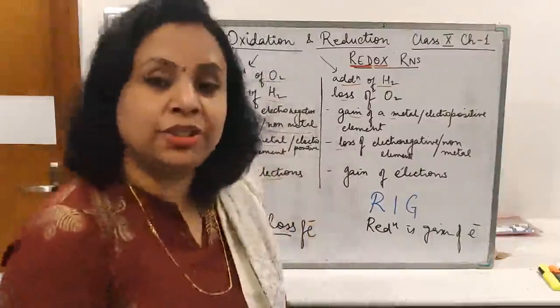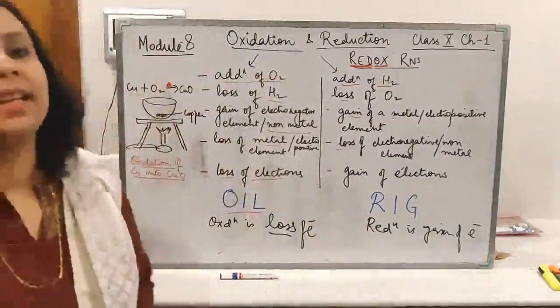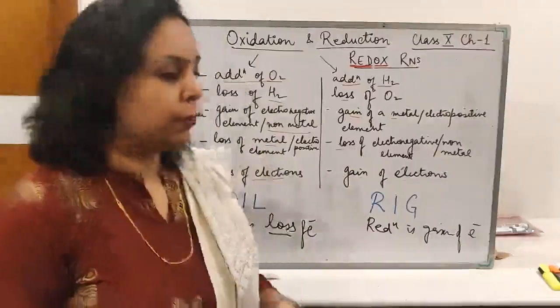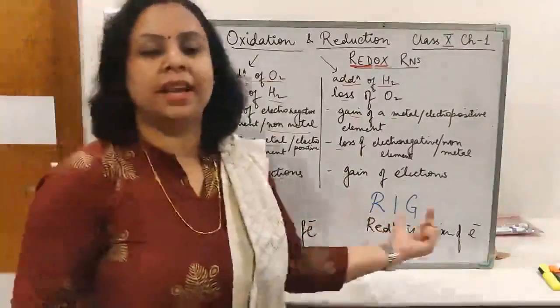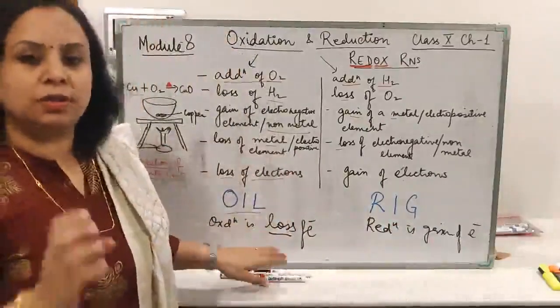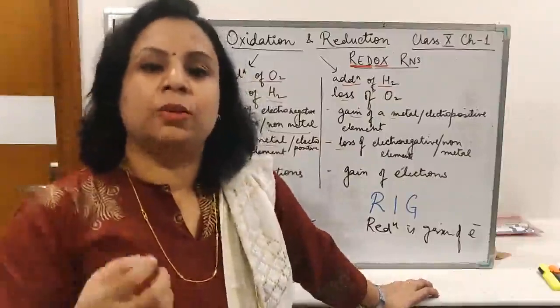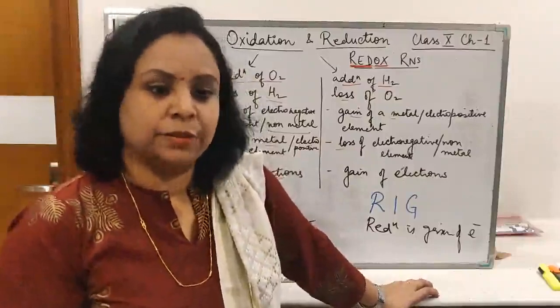So, oxidation is loss of electrons and reduction is gain of electrons. If we remember this OIL RIG, we can easily identify which substance is being oxidized and which is being reduced in a particular chemical equation.